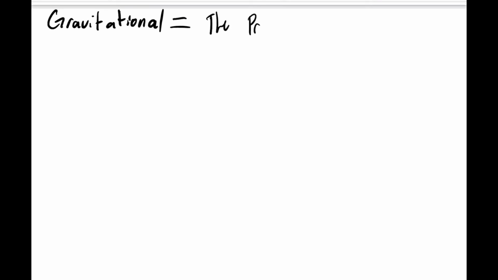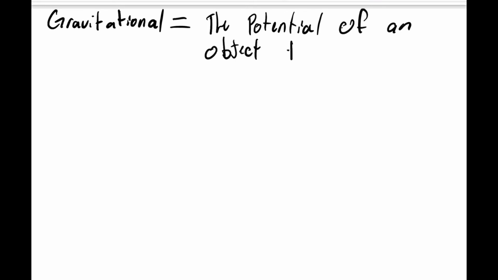We're going to start with gravitational energy. So gravitational energy, as we've defined in class before, is the potential of an object to fall. Okay, examples.